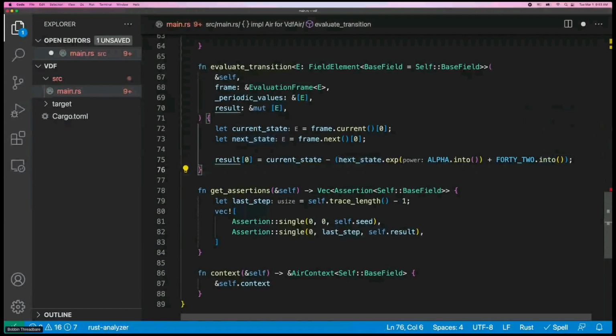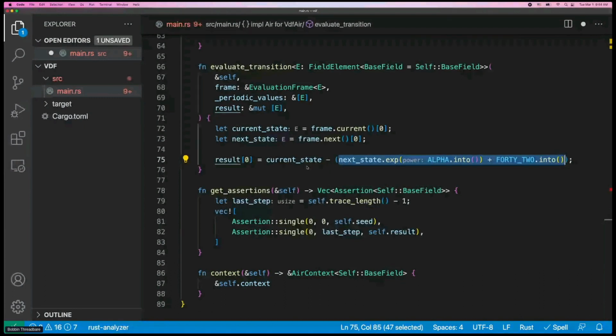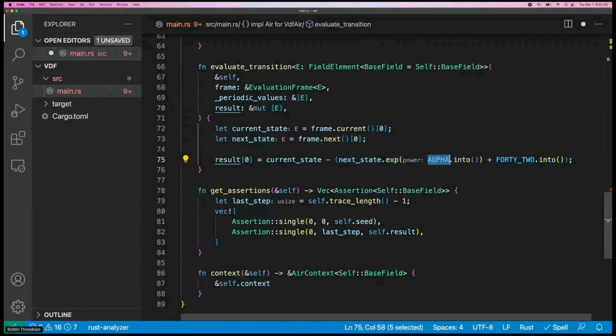If you remember, this is computing the function in the forward direction, but if we subtract it from the current state, it's kind of like proving it backwards. I should have covered that in the presentation, but we're basically computing the constraint backwards because we can use this property that we're raising to alpha. We actually get a fairly small degree.